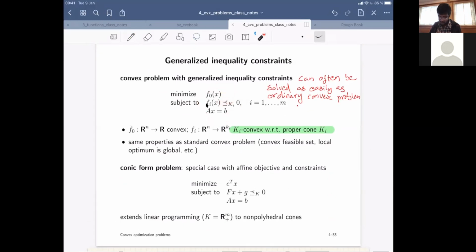The only difference now is that this inequality is defined using a generalized inequality. How do you define a generalized inequality? In association with a cone, right?